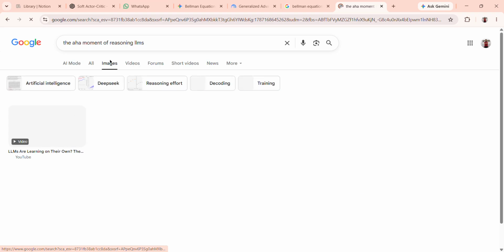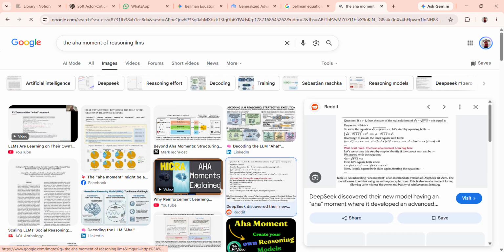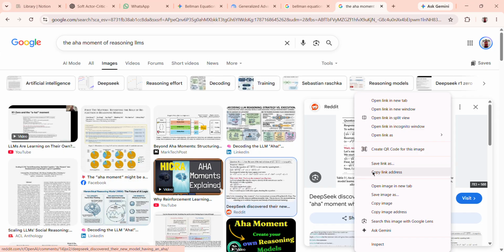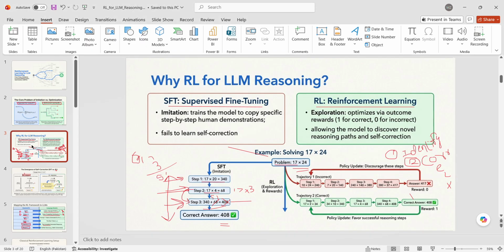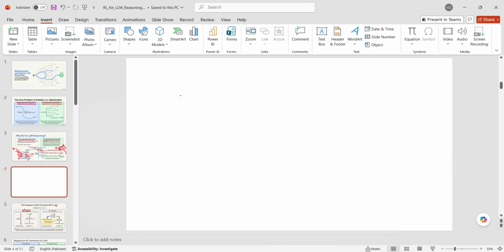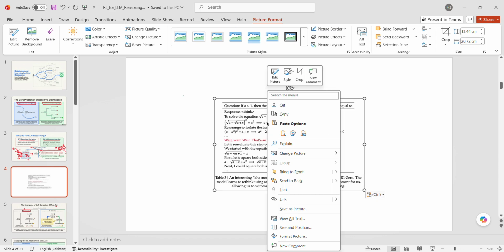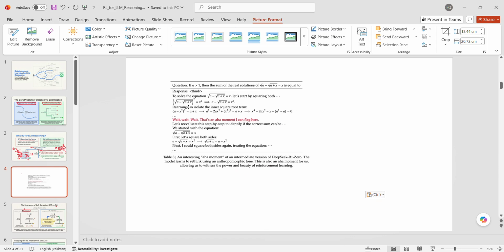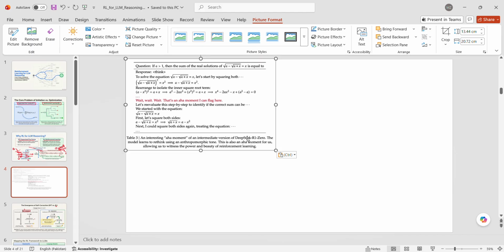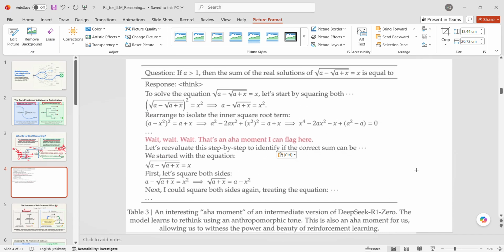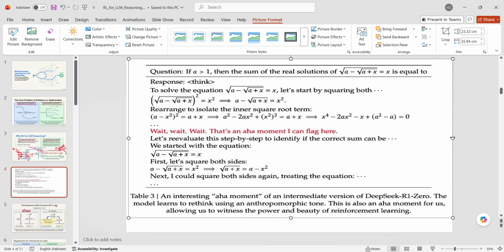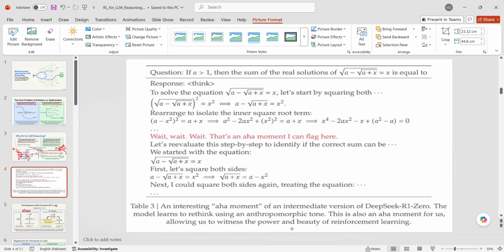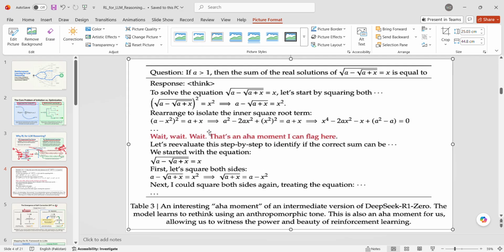So let me show you this thing. Let me copy this image and put it here. Insert a slide. Yeah. So this is the first time the team was able to identify that the LLM is actually using reinforcement learning to reason.